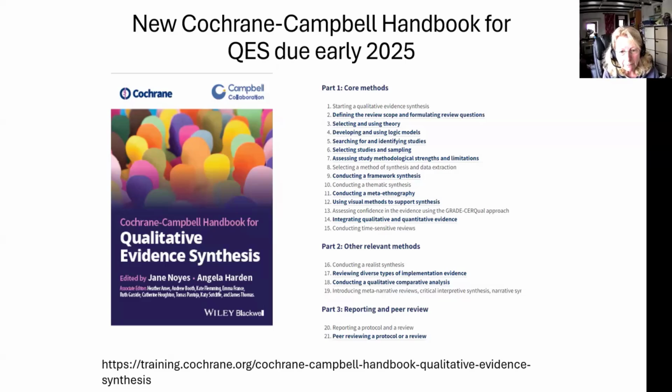That's yet to go on the website because we just need to finish that chapter to make sure that it incorporates all the new RevMan reporting requirements. But I would actually say that this is going to be the biggest guide for the conduct and reporting of a qualitative evidence synthesis, and I'd highly recommend that you have a look at it. Next slide, please.